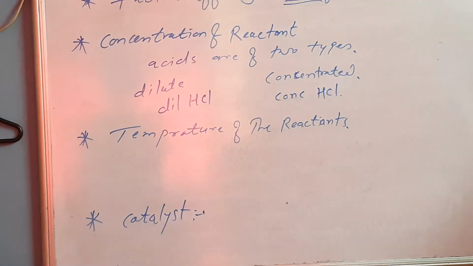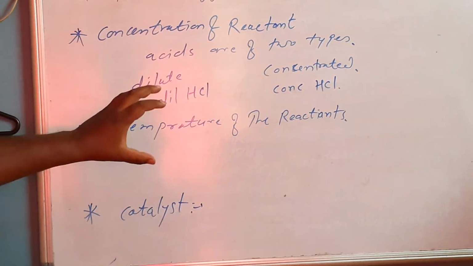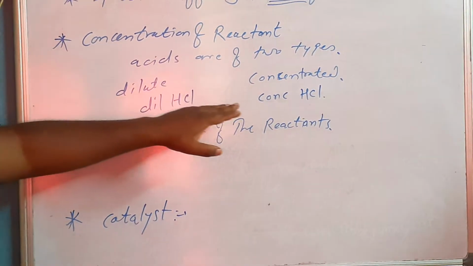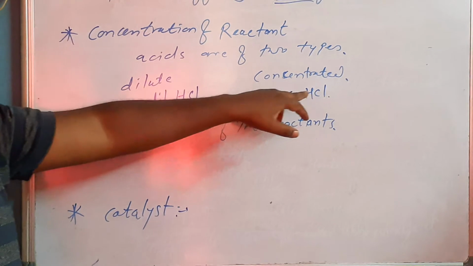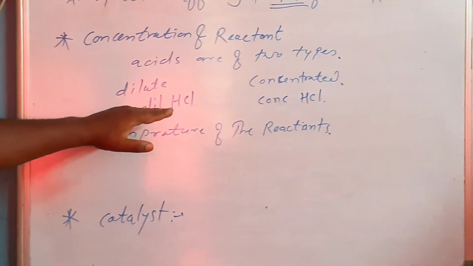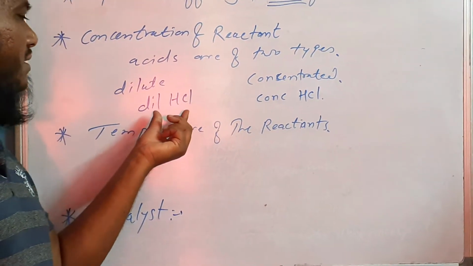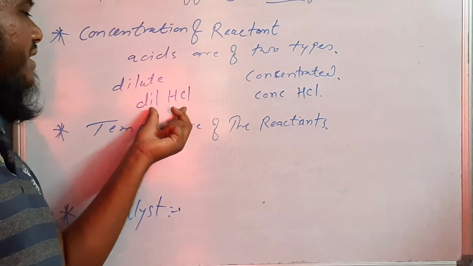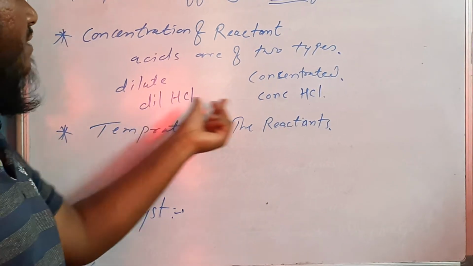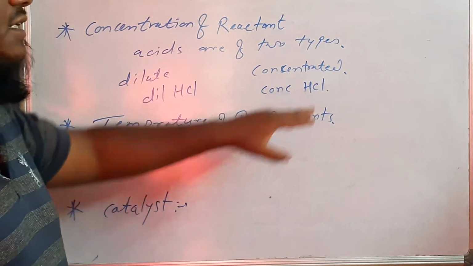When we react any reactant with dilute HCl, it may take a much longer time as compared to when it reacts with concentrated HCl. Concentrated HCl is a stronger acid and dilute HCl is a weaker acid. When we react components with a weak acid, it may take a very long time. Concentrated HCl, being a strong acid, will form the reaction quickly.